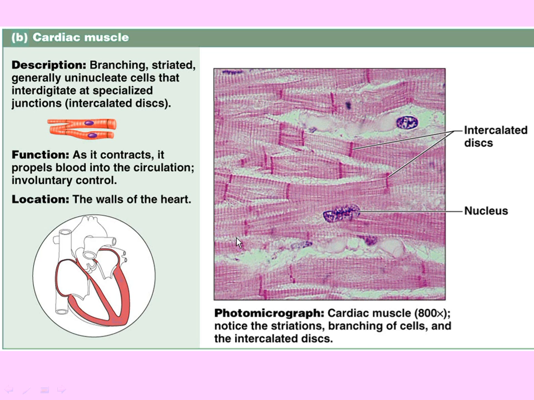But what makes cardiac muscle super unique are these intercalated discs, these dark bands that run sporadically through the sample of tissue, where the muscle cells meet up and bind to each other. If you see these intercalated discs under the microscope, that just screams that it's cardiac muscle.